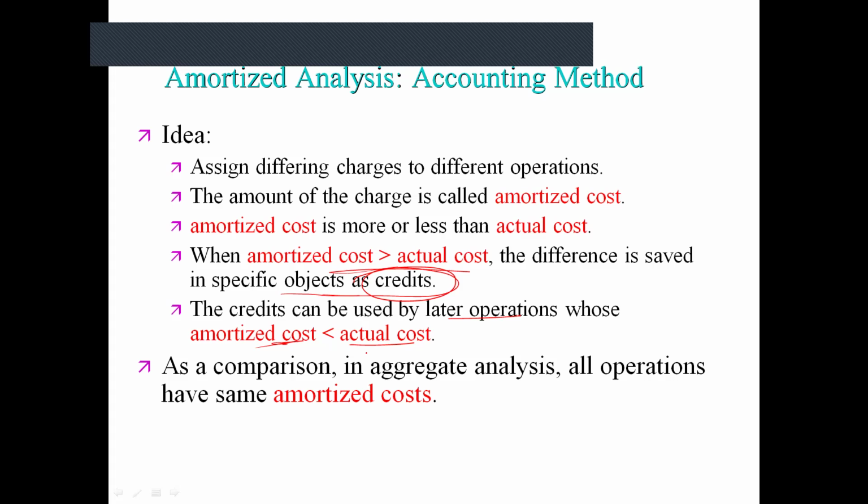So for the sake of others, some operations have to sacrifice more, even though their cost was less. We charge something and then come back to the expensive operation and reduce its cost. So we are trying to balance out the entire cost here. As a comparison, in aggregate analysis, all of the operations have the same amortized cost.